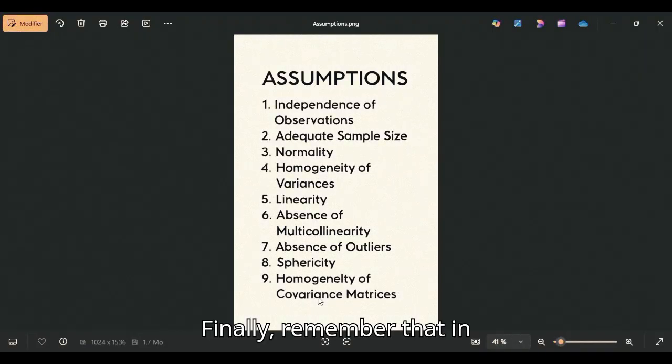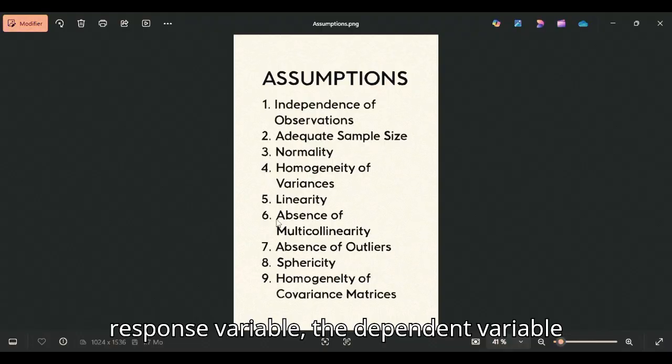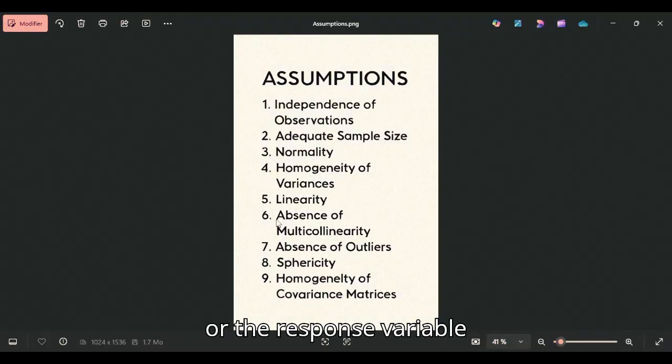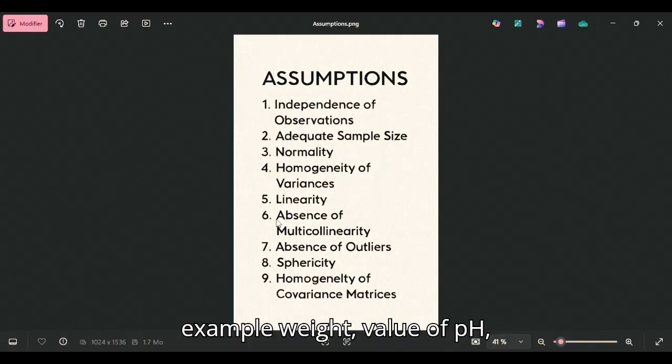Finally, remember that in a parametric test, the dependent variable, also called the response variable, must be numeric and continuous, for example weight, pH value, or temperature.